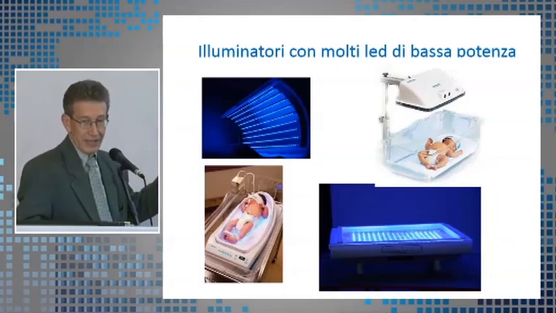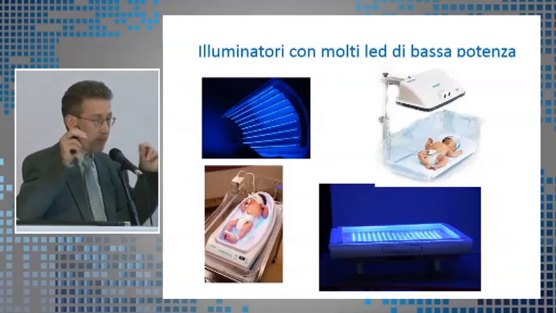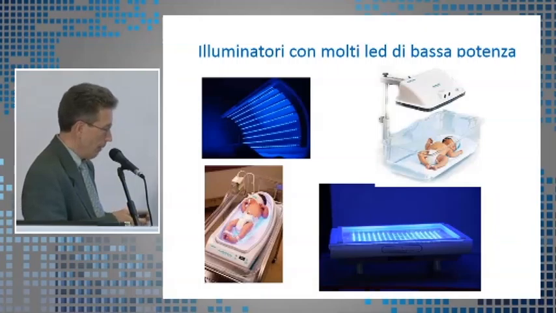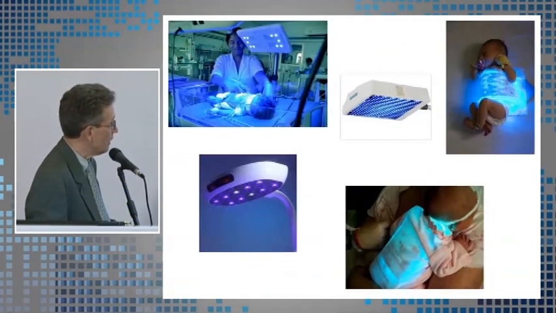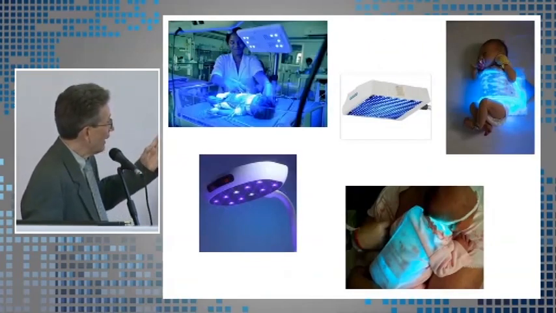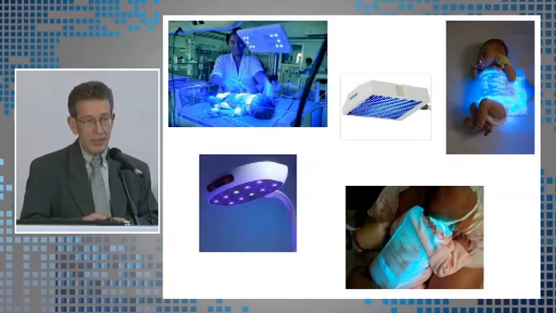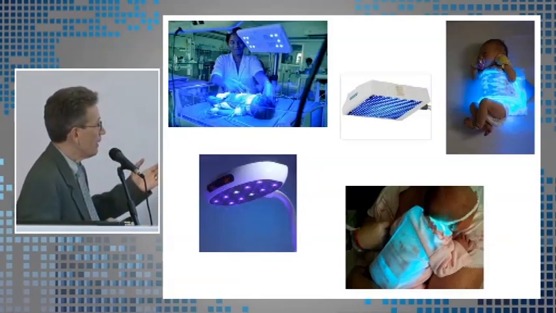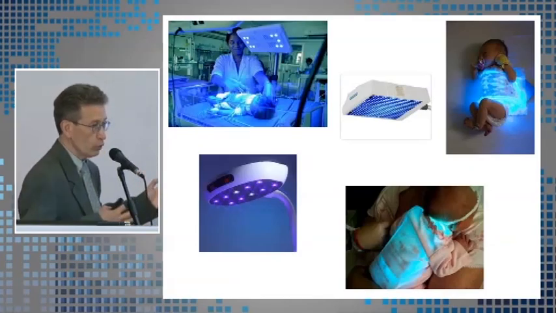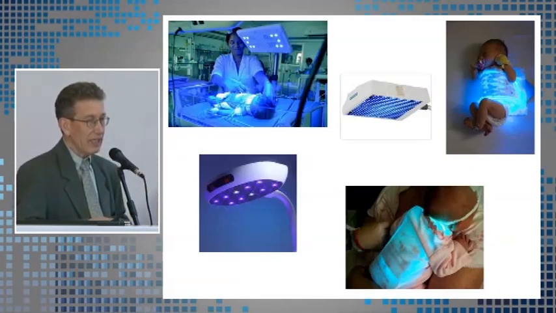There are illuminators with many low-power LEDs. So, systems like this are used for neonatal jaundice. But there are also systems with high-power LEDs. So you can do pretty much everything.